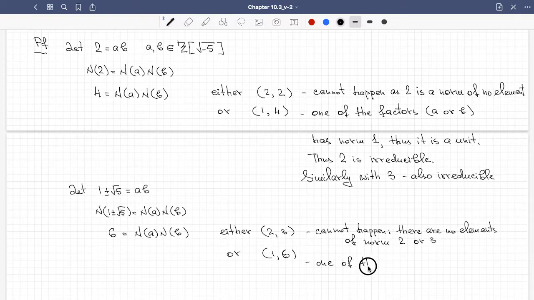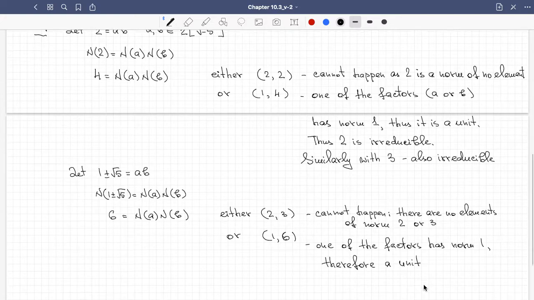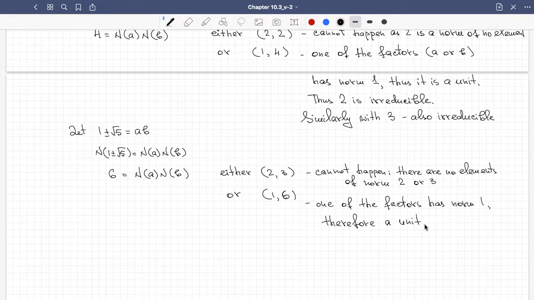Therefore, it is a unit, and we conclude that 1 plus or minus root of 5 are both irreducibles.